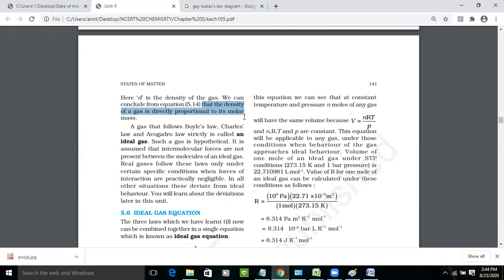Because if we talk about the noble gases, it was our assumption that they can't bind together, because there is no intermolecular force that can exist between the noble gases. So this was a hypothetical gas.